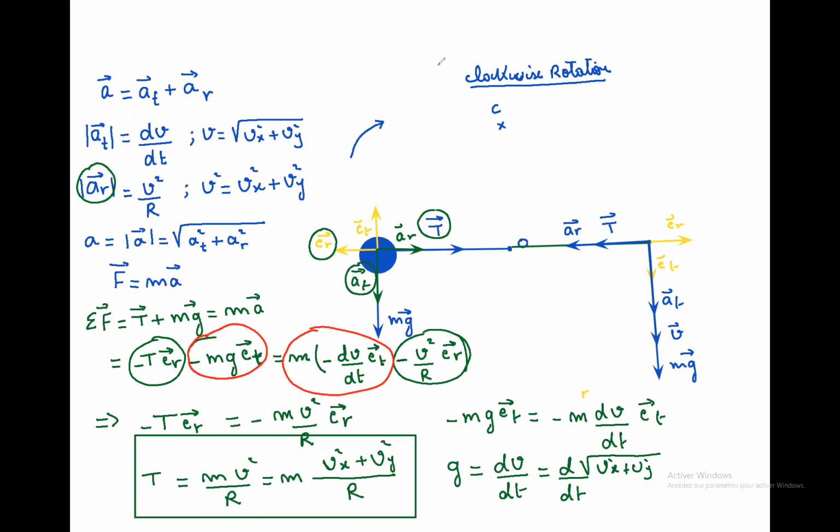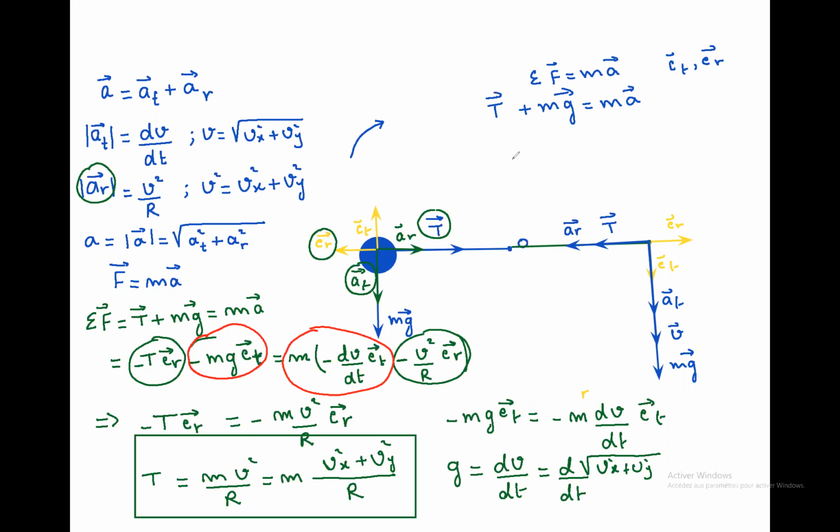Okay, let's apply Newton's second law. Summation of F equal ma. You know, we are working about the unit vectors et and er. What do you have? You have T and you have mg. Only these two forces equal ma.